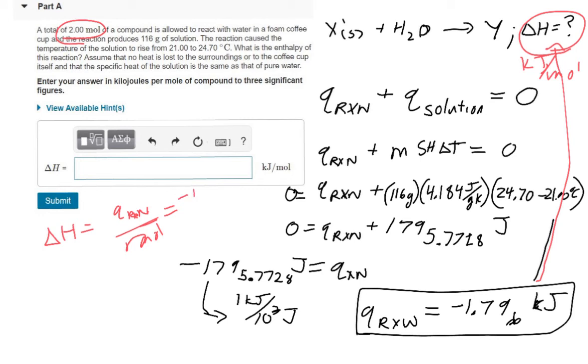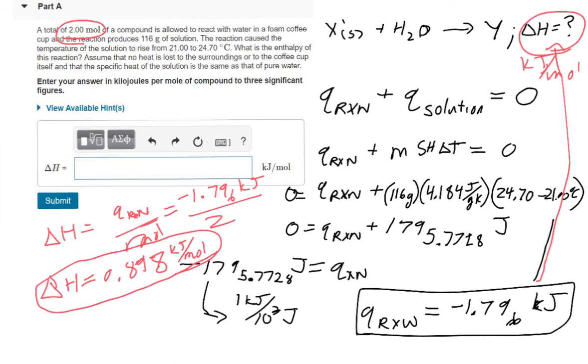So it's going to be a negative 1.796 kilojoules divided by 2, which gives me a delta H of 0.898 kilojoules per mole.